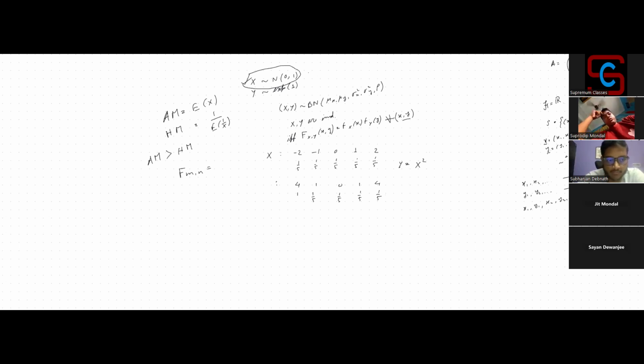If we use this inequality, and we know that 1 by X follows F(n, m), can I use the result that expectation of F(m, n) equals n by (n minus 1)(n minus 2)?